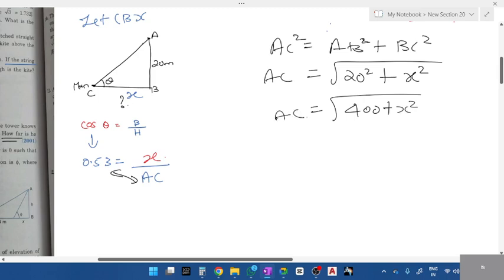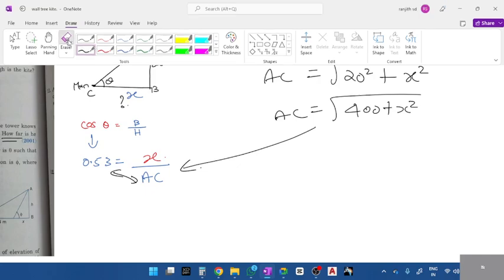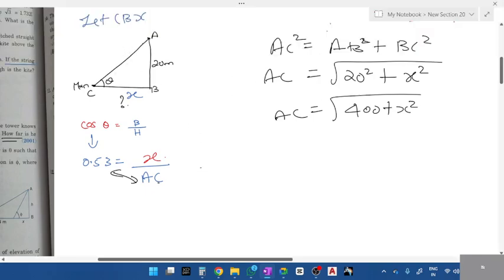AC square is equal to 400 plus X square. This is the second equation we have. So in place of AC, what do you have to substitute here? 400 plus X square. So if you get the AC value, we can find the value of X, students.